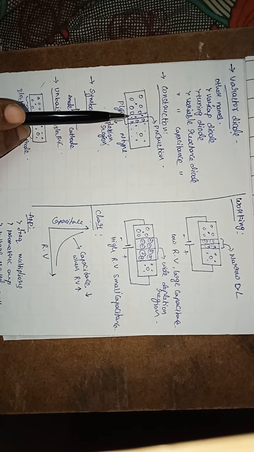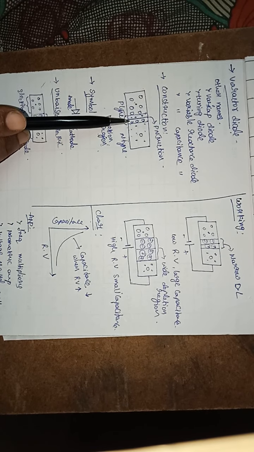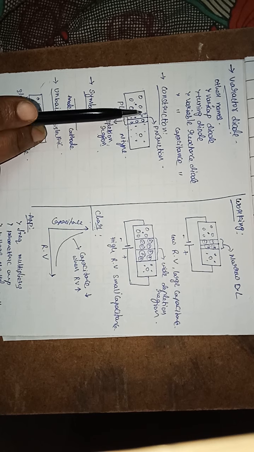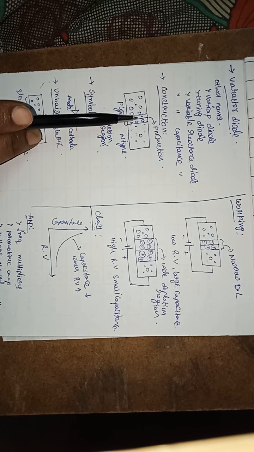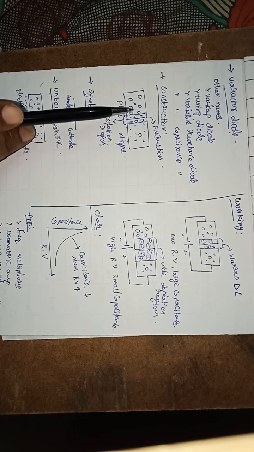This depletion layer has only immobile charge carriers, that is, there are no free electrons and holes. It blocks the free electrons from the n-type material and the holes in the p-type material.